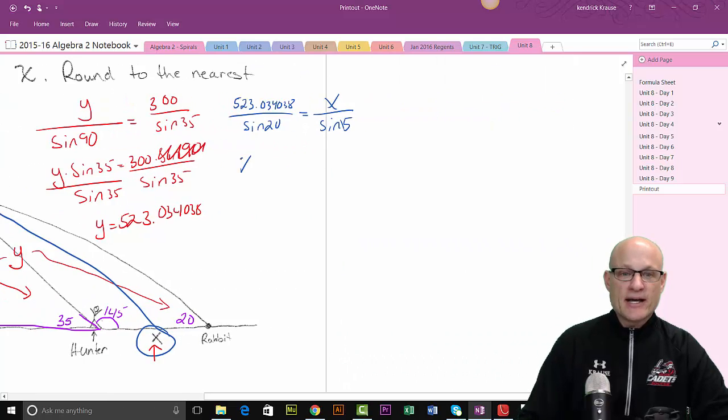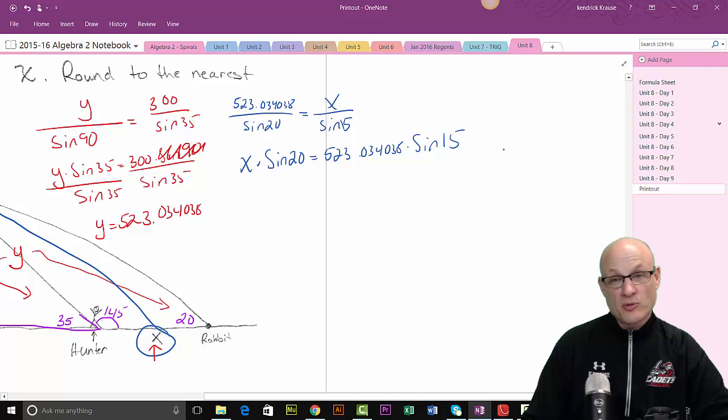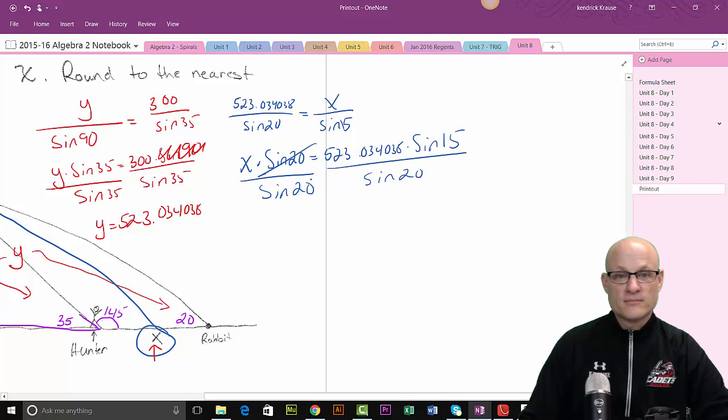Cross multiply, I get x times the sine of 20 is equal to 523.034038 times the sine of 15, cross multiplied. Get rid of this sine 20, divide by sine 20. And I get x equals something.